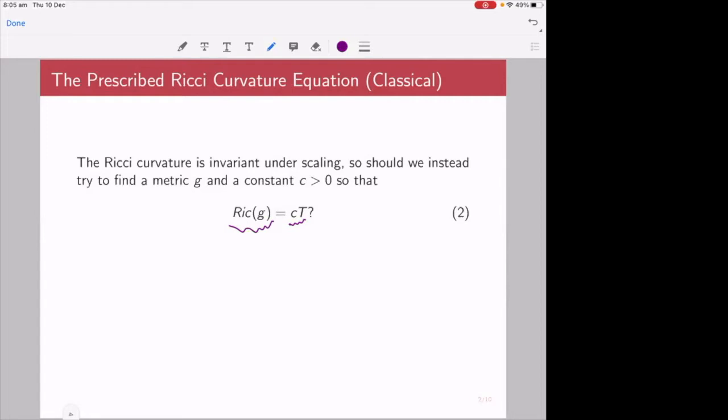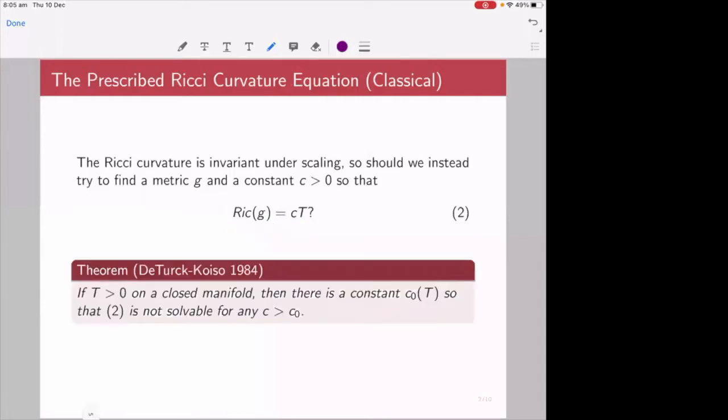To produce some evidence that this may in fact be the correct equation to study, we have an interesting non-existence result that was given to us by de Turck and Carrizo in '84. Let's say that we're on a closed manifold, so compact, no boundary, and let's say that we're trying to prescribe positive Ricci curvature.